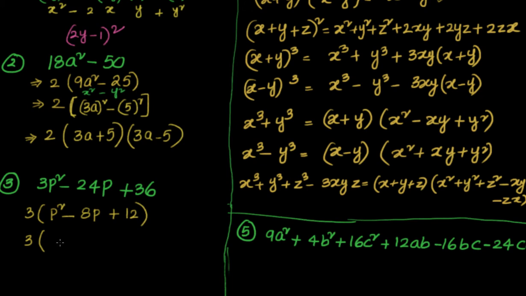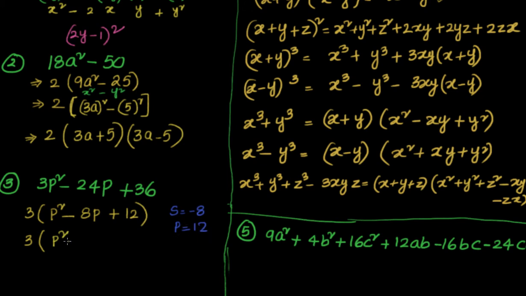Now you can use the splitting the middle term approach, and you can see that the sum equals minus 8 and the product equals 12. So I need two numbers such that the sum is minus 8 and the product is 12. I know that whenever the product is positive, I should have the same sign. 1 12s are 12, 2 6s are 12.